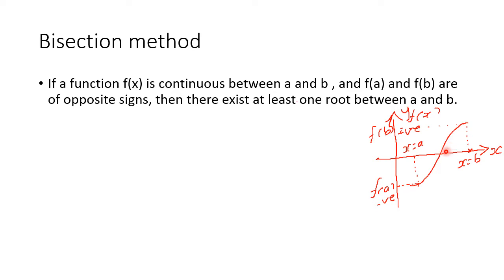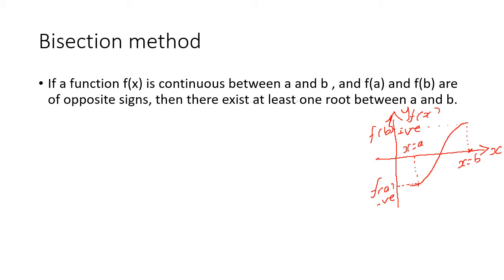There is no way out: it must cross the x-axis at at least one point. That means there will be at least one solution here. It need not necessarily be only one solution. There can be even more than one solution.